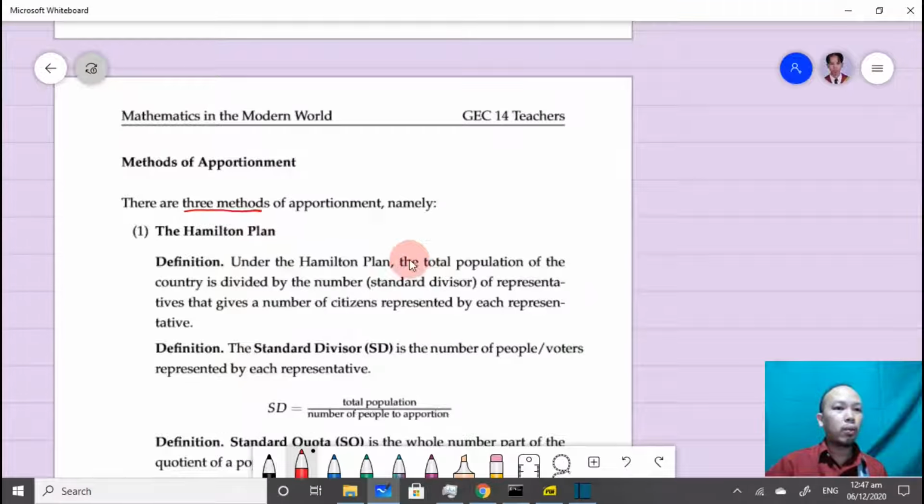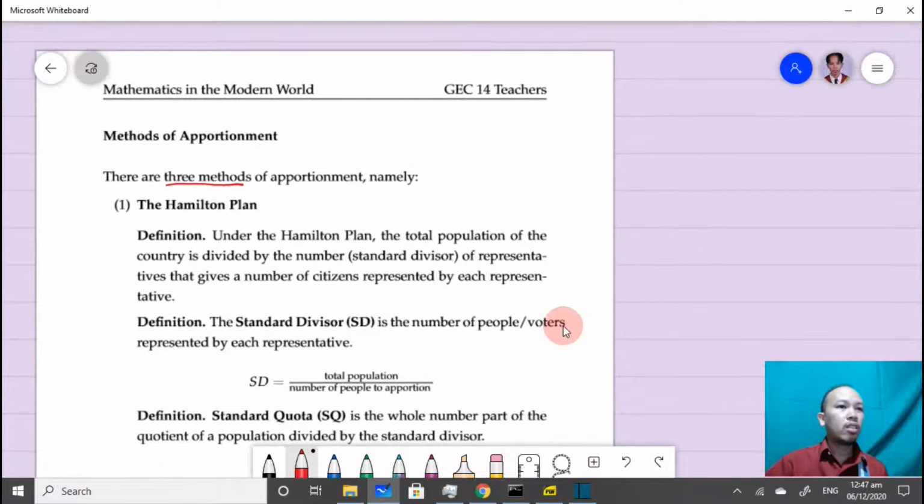Anyway, since you've listened to this lecture, you will be able to understand the Huntington Hill apportionment method maybe later. So don't forget that I am going to discuss 4 methods.